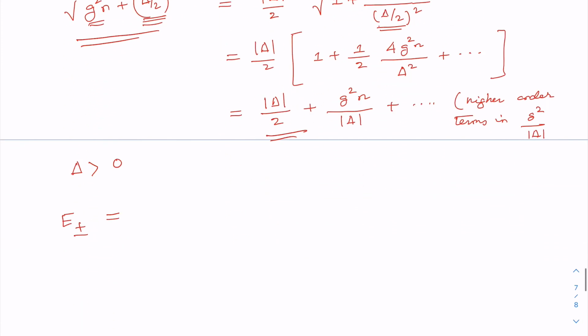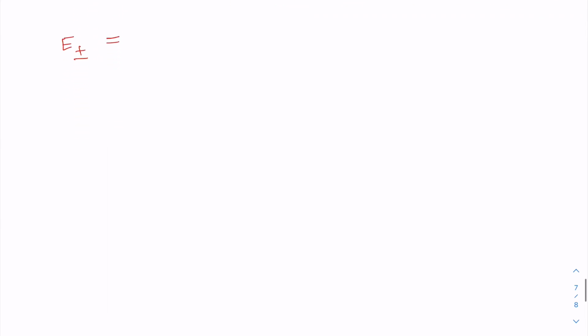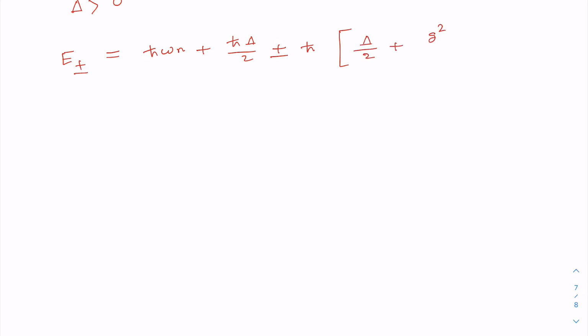So if I put it there, then let me write it very clearly here, I will get E plus minus is equal to ħωn plus ħΔ by 2 plus minus ħ, and then this, which is what I am going to have, Δ plus 2ζ squared n by Δ. So if I break it up, I get two energy values.